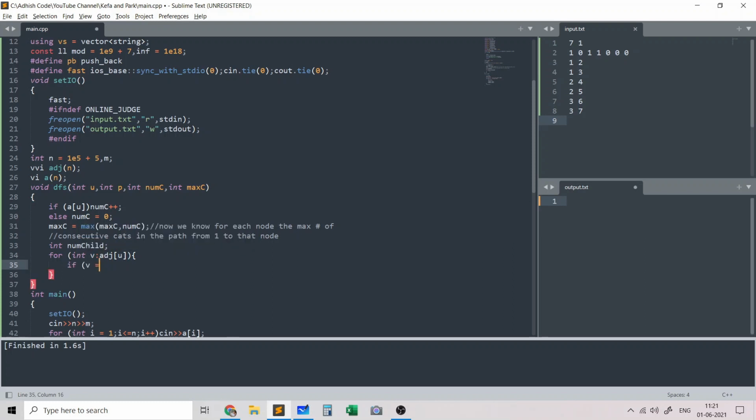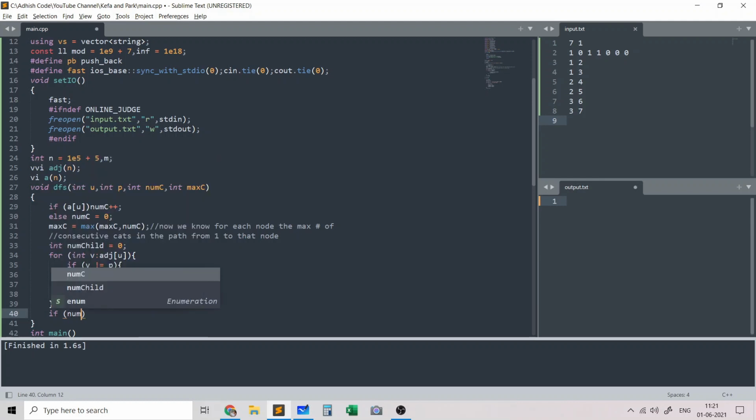If v is not the parent, then we launch the DFS from v with u as the parent. The max consecutive and num consecutive will be passed to the DFS on v, and num children will basically start at 0, and we increase the number of children by 1.